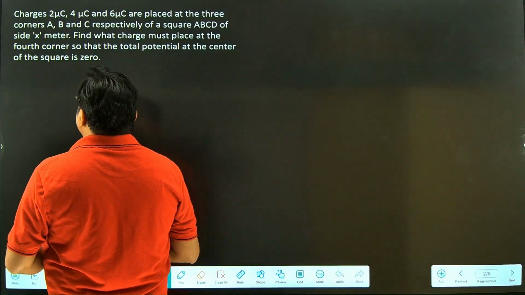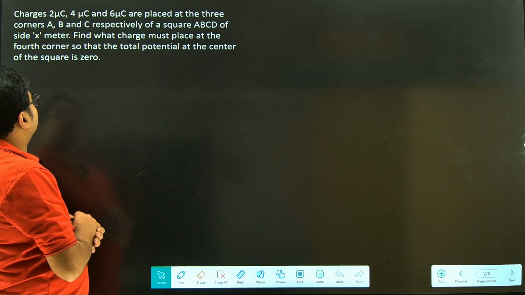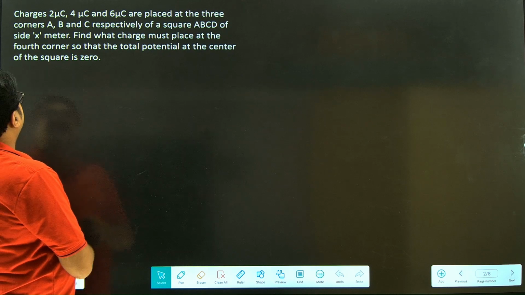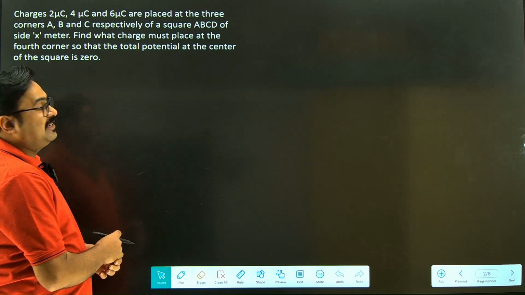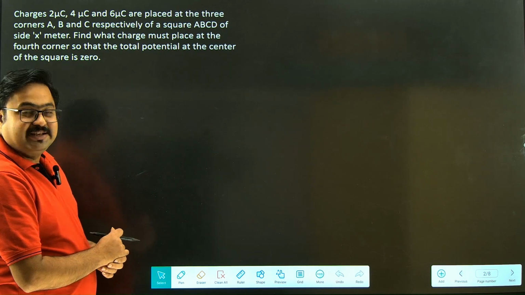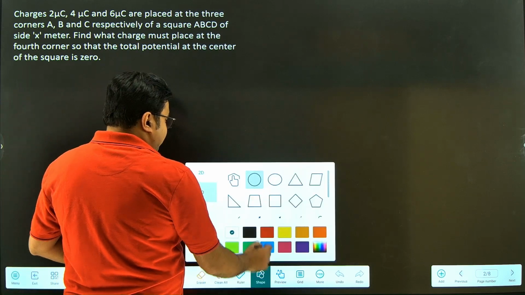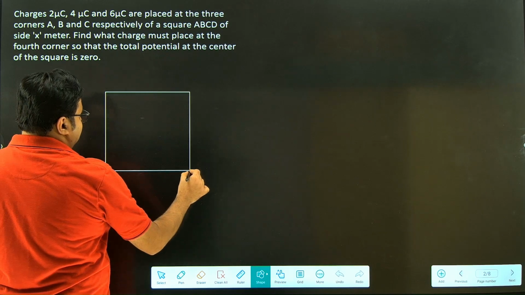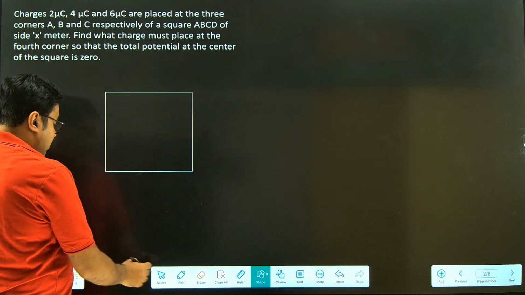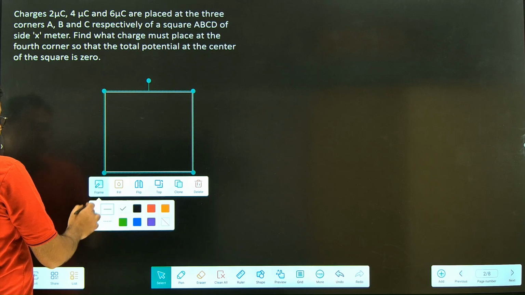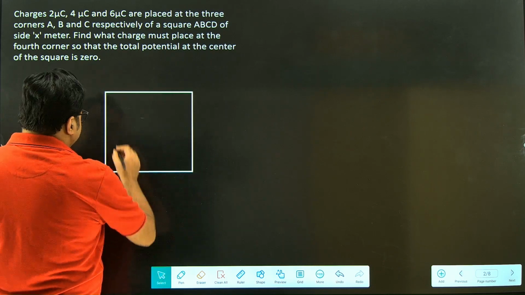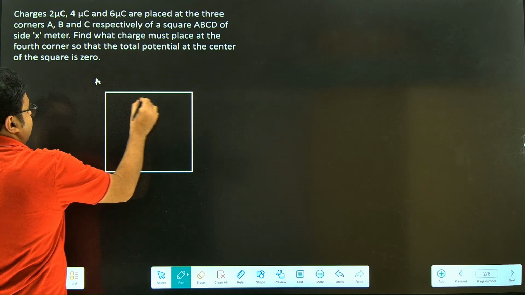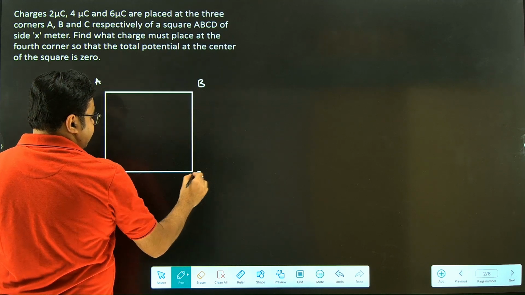The first question says charges of 2 microcoulomb, 4 microcoulomb and 6 microcoulomb are placed at three corners A, B, C respectively of a square ABCD. Let us imagine this. We have a square here, and let's name it ABCD.